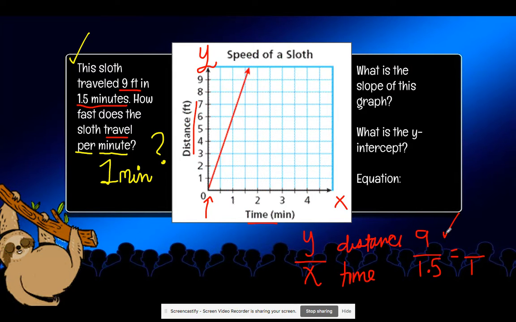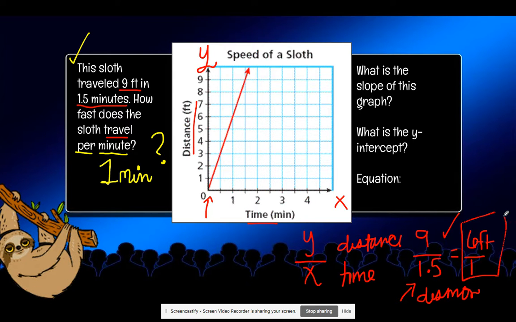Okay? So in this case, I'll just go ahead and give you the answer. The answer is 6 feet. And in case you don't know what I'm talking about, this fraction can be put into the Desmos scientific calculator. And putting it into Desmos will give me 6.